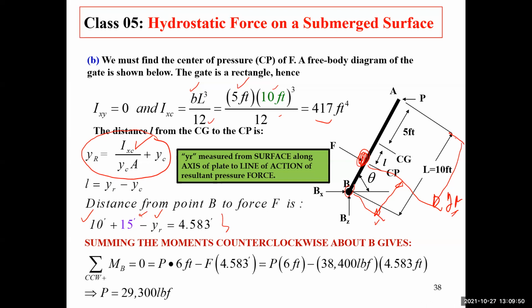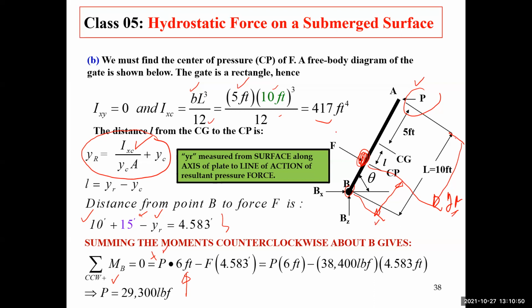That's important because I need to know that information when I take the summation of moments about the point, because I need to find my wall reaction force of P. As I assume that a counterclockwise rotation is positive, I take the summation of moments about point B. And so I see that the wall force, which I call P, creates a counterclockwise rotation about point B. So that's plus P times the perpendicular distance between the line of action of that force and the point of rotation, that's equal to 6 feet.